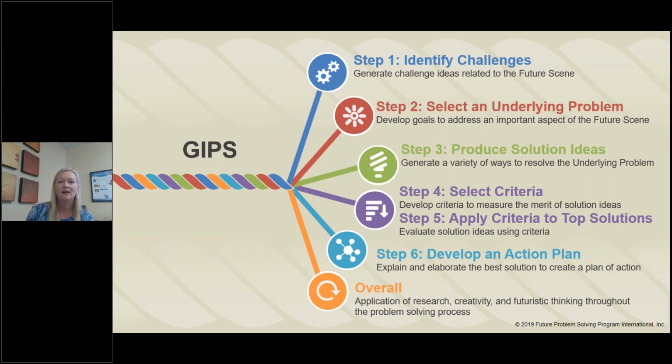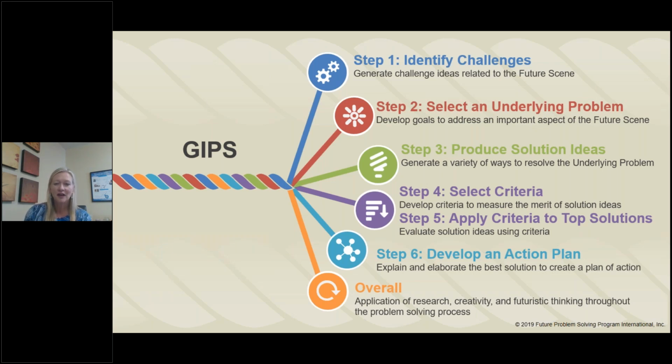In step 2, we are evaluating the student's ability to write an underlying problem and state the goals that will address an aspect of the future scene. The third step, we have the solutions that the students have created, and we are evaluating the variety of solutions that the students come up with connected back to that underlying problem.